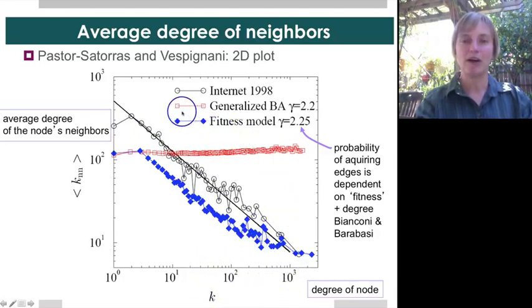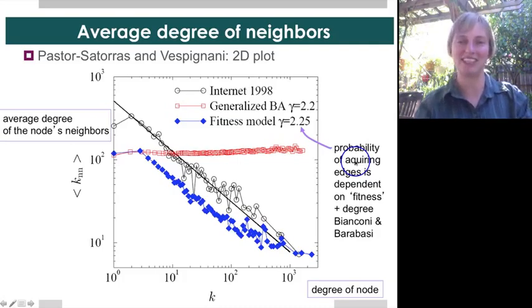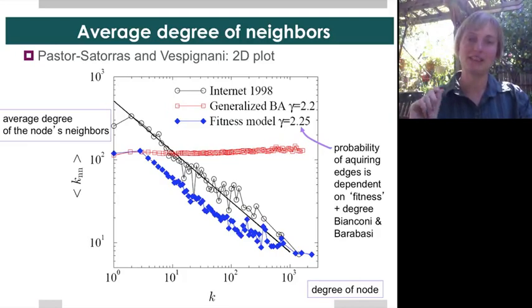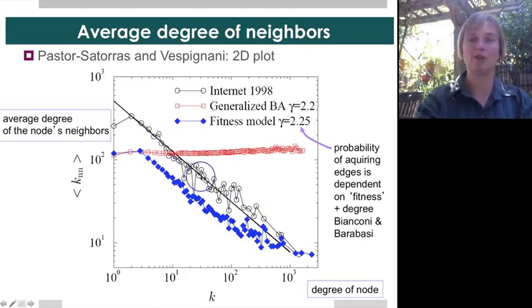And it wasn't until the fitness model, which came within a year, where the probability that a node gets one of those new edges associated with a new node depends not just on the degree of the node, but also its inherent fitness, that you get this kind of relationship which is much closer to what you observe in real life.